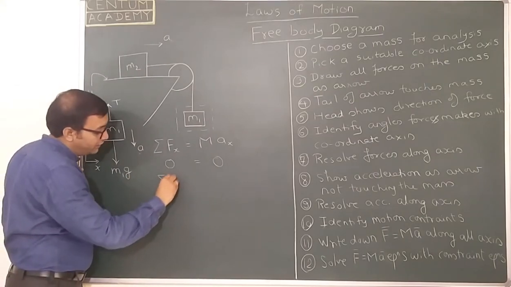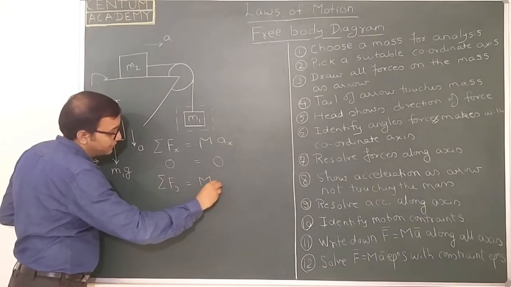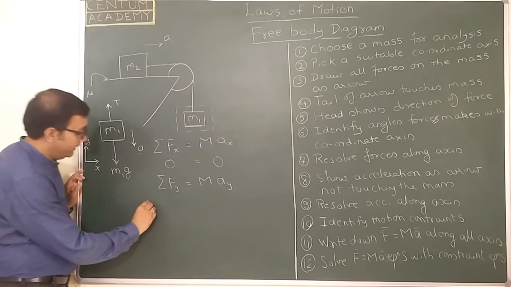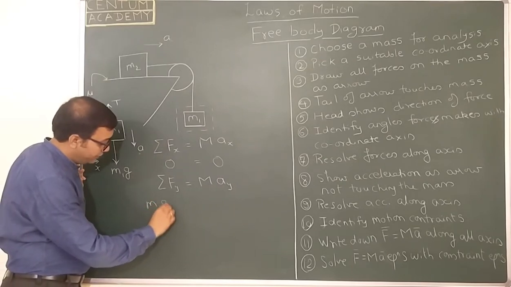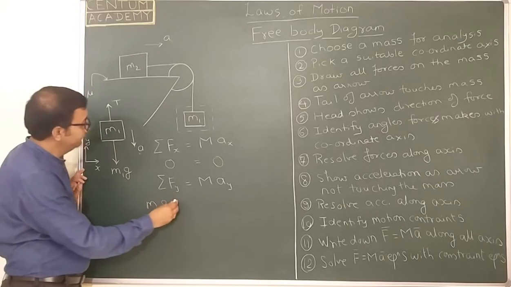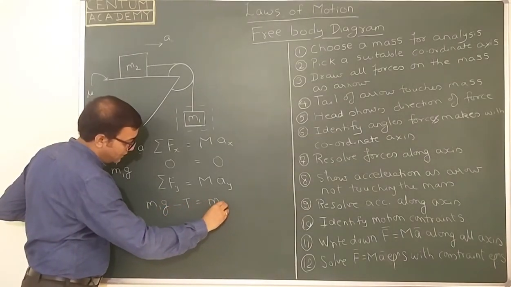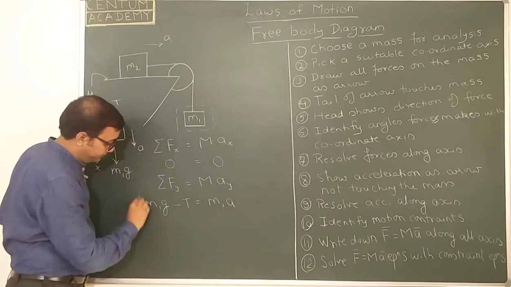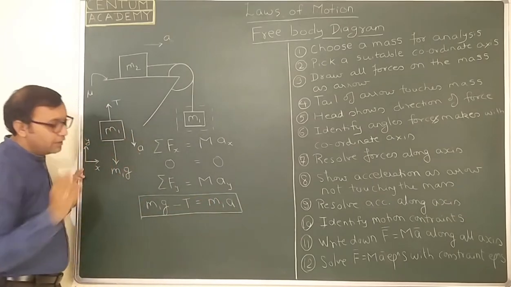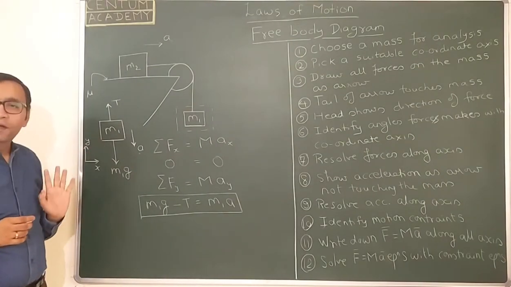And if I write this equation, the sum of all forces along the y-axis is mass times acceleration along the y-axis, what I get is m1g, taking the direction of force along acceleration as positive, minus T is m1a. Okay, so this is the equation I get from the free body diagram of m1.